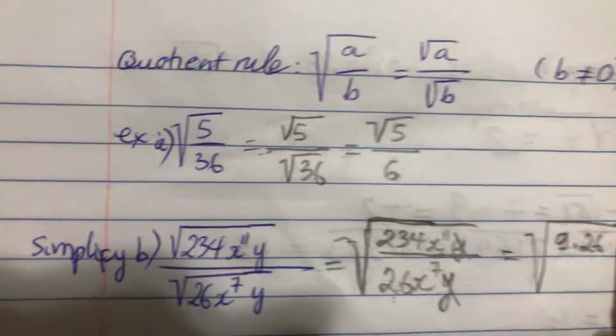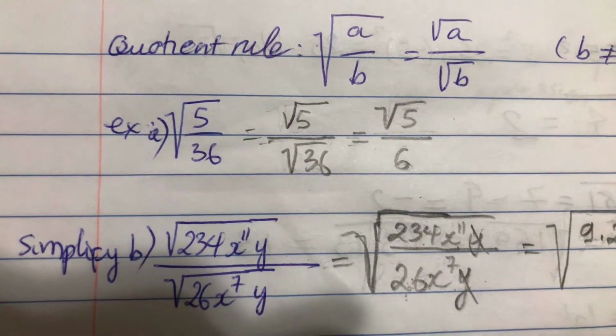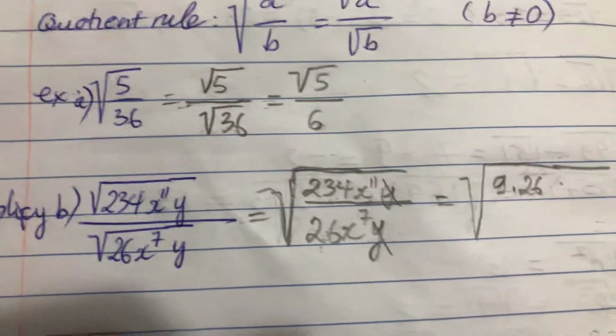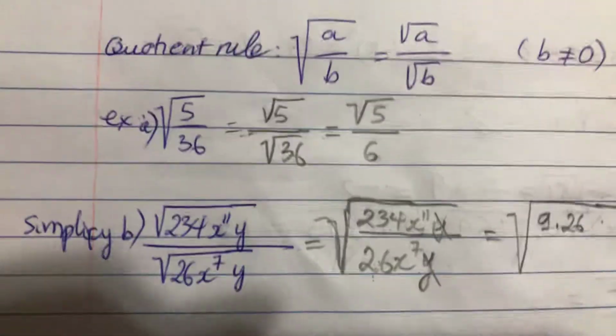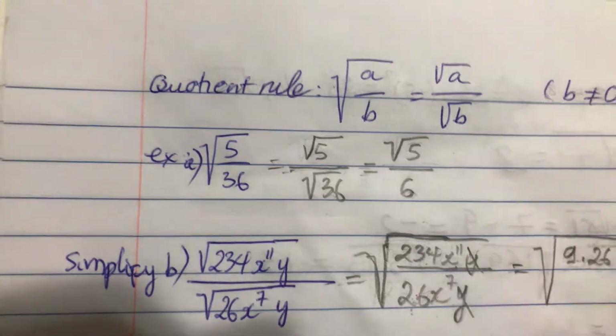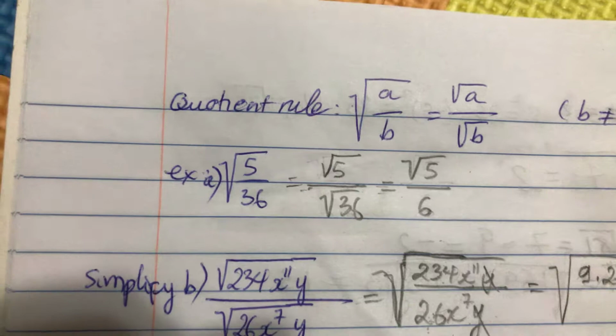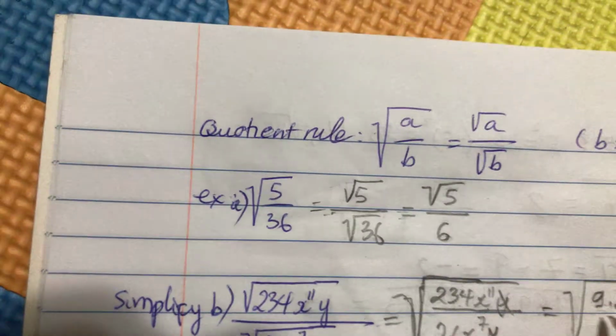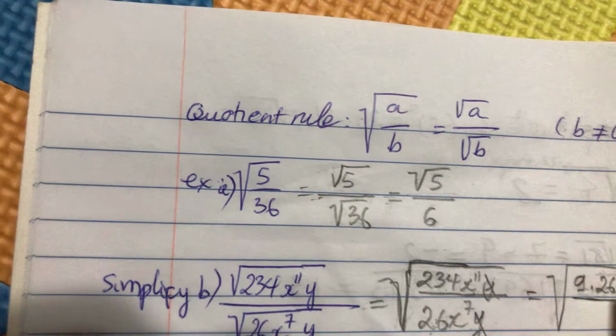Let me split x to the power 11. Using the quotient rule of exponents, I can keep the base as x, the same base, and the power becomes top minus bottom.